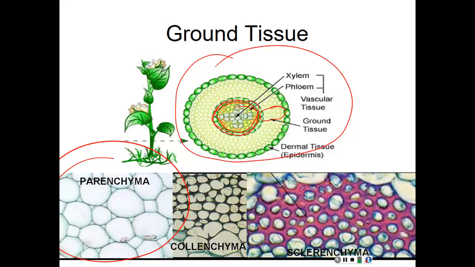Now, collenchyma cells have primary cell walls that are a little bit thicker.